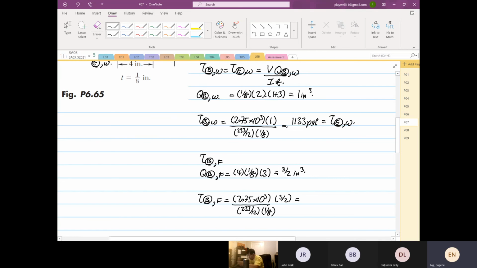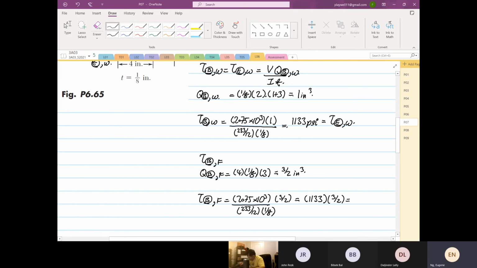Let me make our time faster: 2.75 times 10 to the power 3 divided by 233 over 12 divided by 1/8. So this is equal to 1133 multiplied by 3/2. Okay, so 1133 multiplied by 3/2 is equal to 1699.